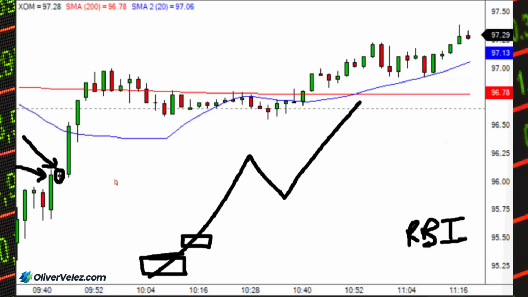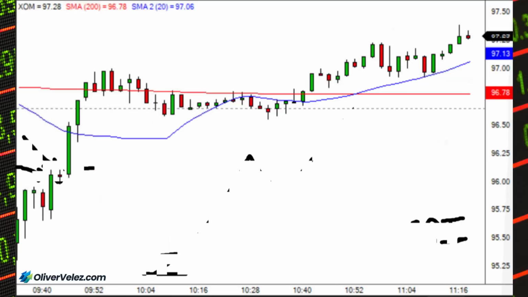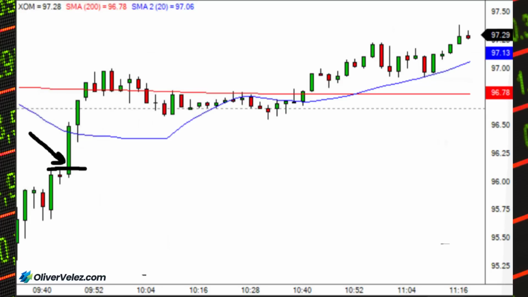So it's a strong green bar followed by a smaller red bar that's really just pausing. And the play, the add, is once the stock resumes after the brief pause, boom, your add is right above the pause bar, right above the red bar. All right?